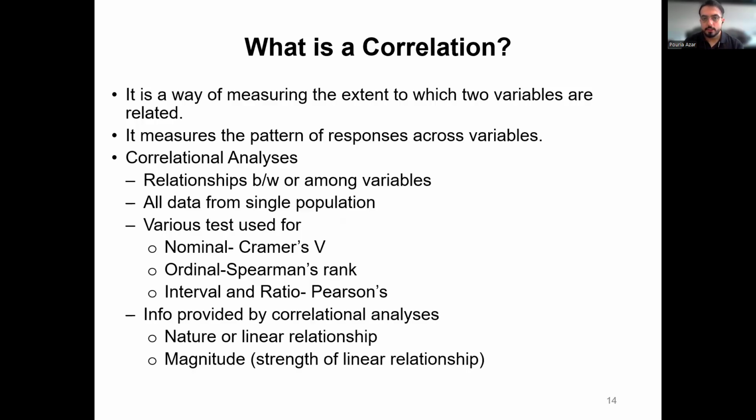The information we get from correlation analysis is the nature, or the linear relationship between two variables, and also the magnitude or strength of the linear relationship.